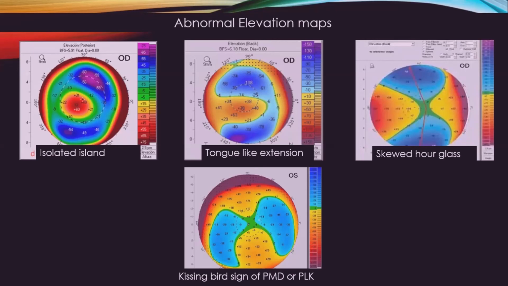This can be evident by not finding other risk factors and by the slit lamp examination. Misalignment, you can exclude it by repeating the examination. The other cause of the skewed hourglass is the large angle kappa. If you have a patient with a large angle kappa, you can have a skewed hourglass and his cornea is completely normal.